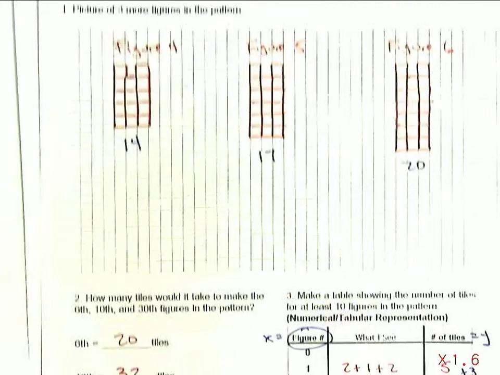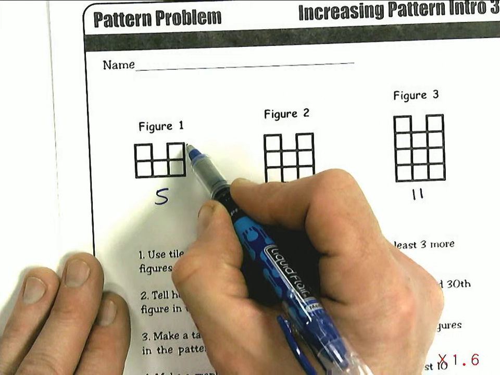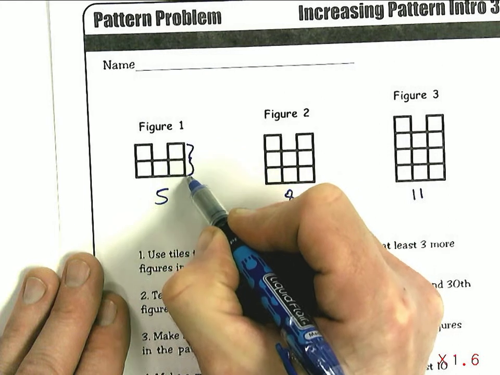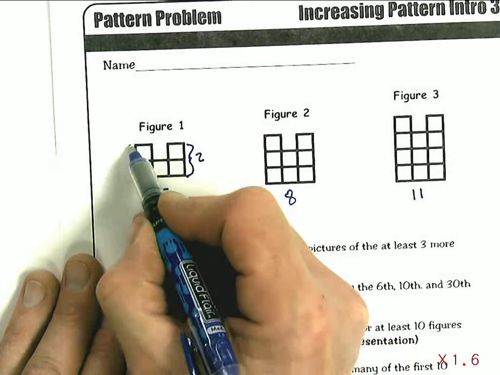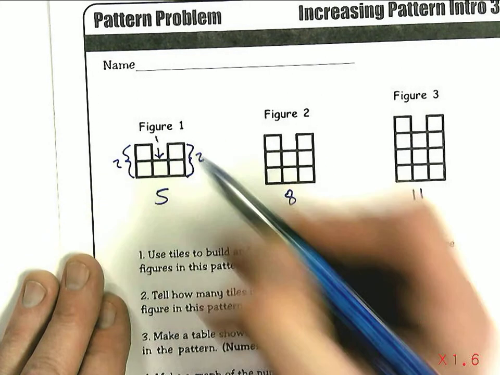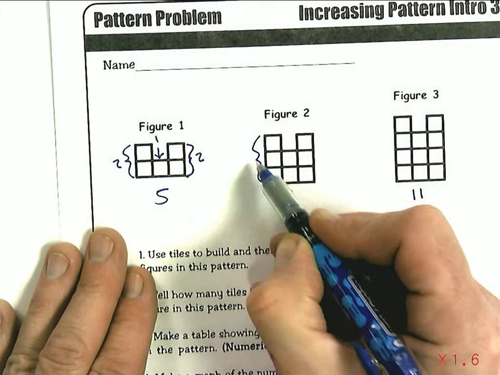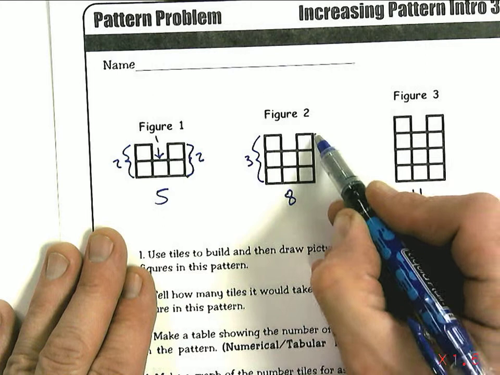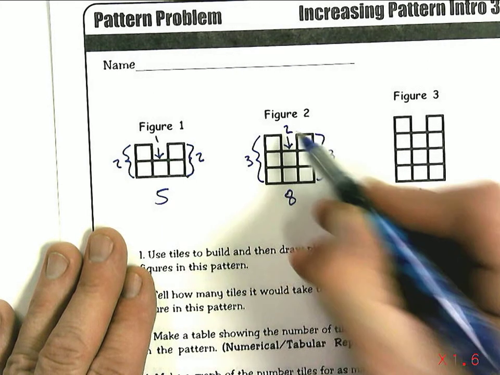So what I see in this case, I see a stack right here that's too high. I see a stack on this side that's too high, and then there's one more in the middle. And then I see a stack of 3, a stack of 3, and then 2 in the middle.